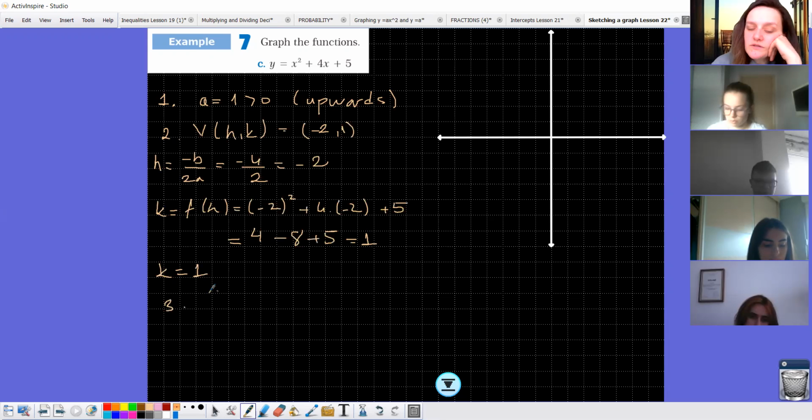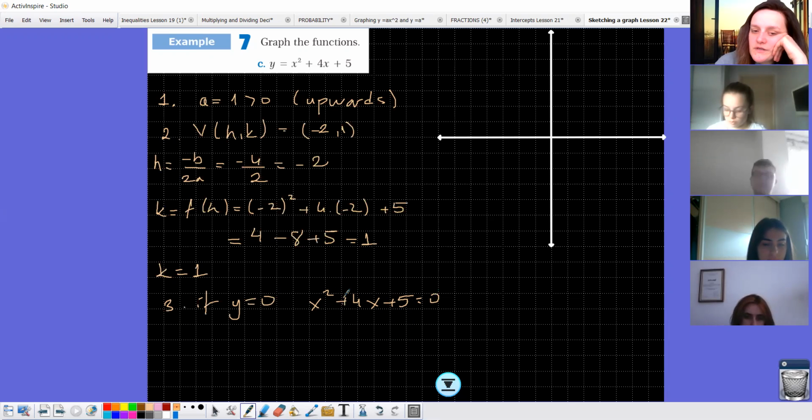And the third step, if y is equal to 0, we need factors of 5 that add to 4. 5 and 1 you will get 6, but 5 and minus 1 you'll get minus 5.